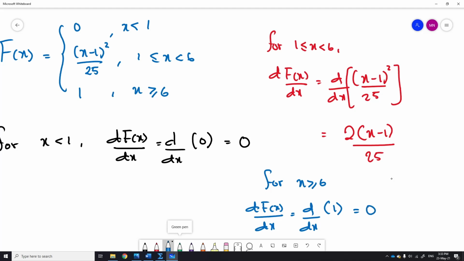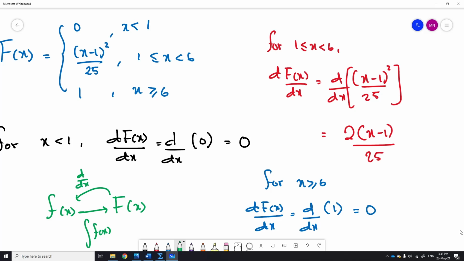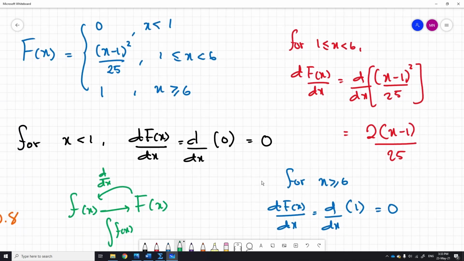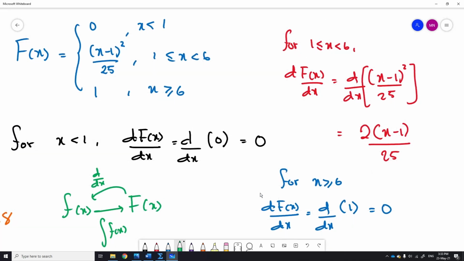Because if we want to change from the probability density function to the cumulative distribution function, we apply integration. So in order to change it back from cumulative to probability density function, we apply differentiation. Okay, so that is the concept for this method.